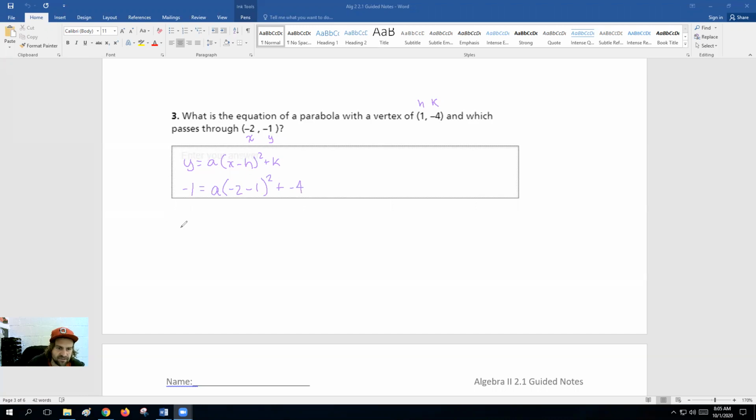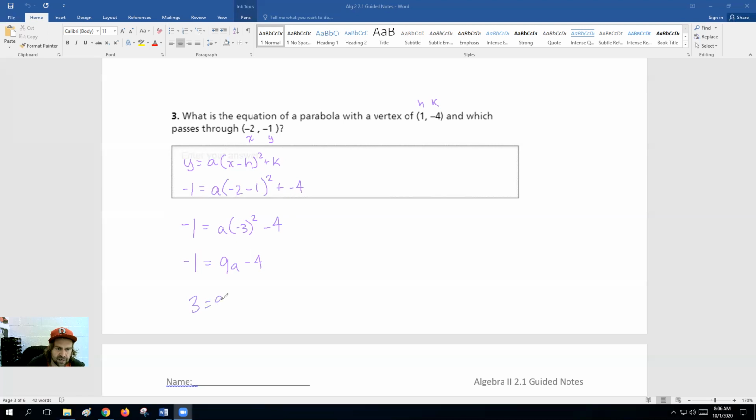All right, so let's start to simplify this. Let's do the inside here. -2 minus 1, that is a -3, squared, and -4 over here. All right, let's square that, so this would be 9a minus 4. We're going to go ahead and add that 4 over to the -1.